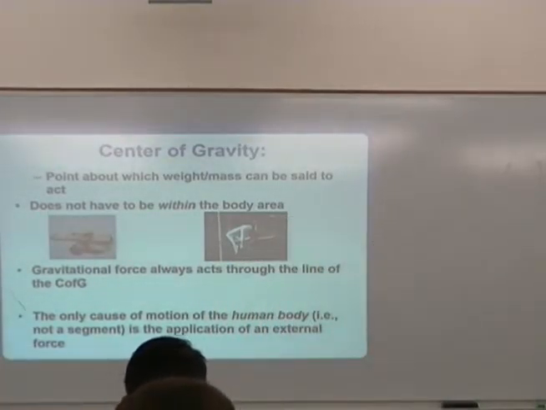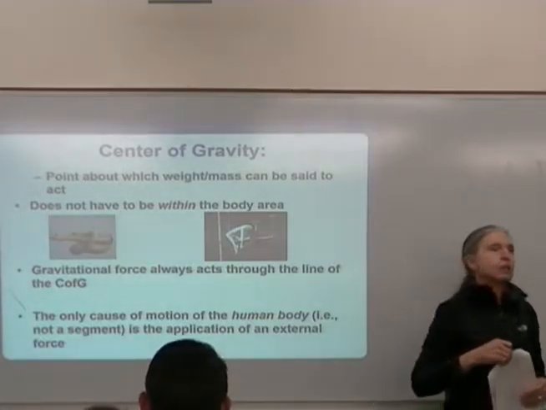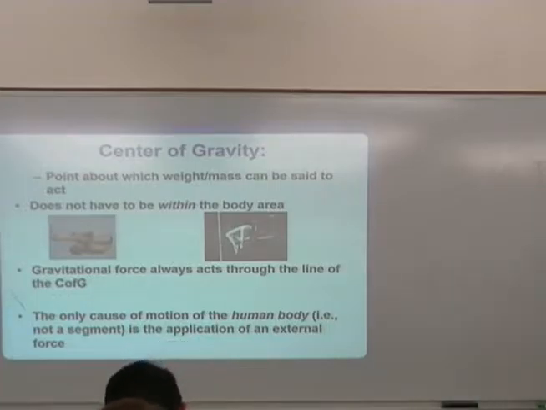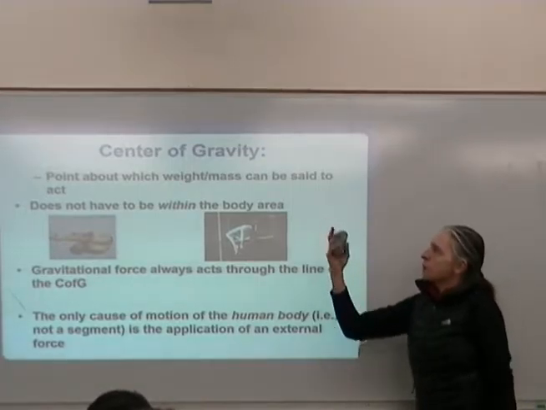Started the notes on Friday, so let's have a look at some very fundamental information about biomechanics. When you take 312, you'll learn a lot more about these ideas, all right? But we want just enough to help us out with what we're seeing happen with a movement skill.